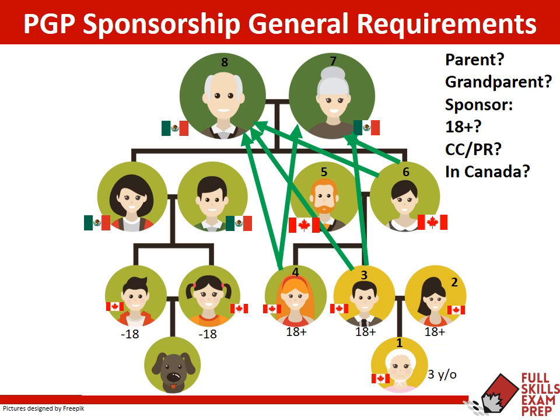You're probably asking about the spouses, so number 2 and number 5, and what role they play in helping their spouse, number 3 and 6, to sponsor those grandparents. That's the next thing that we'll talk about right now.